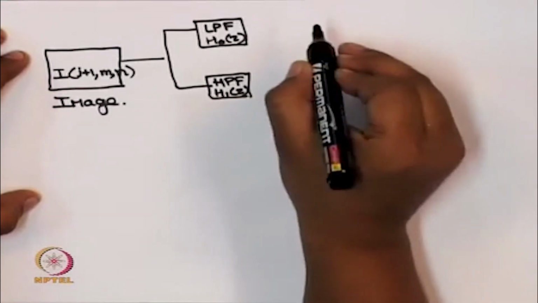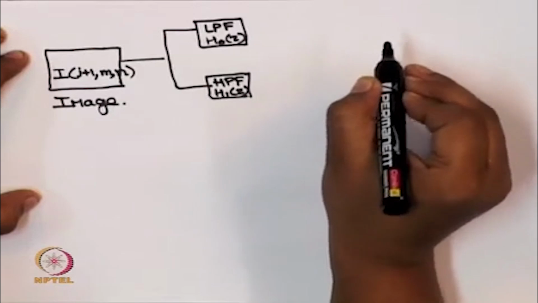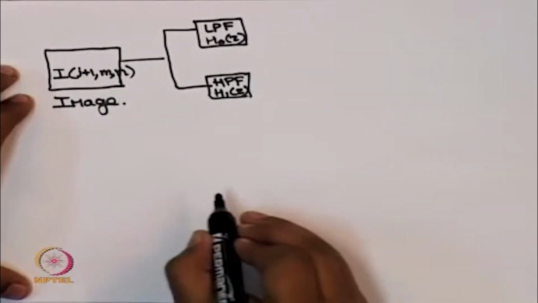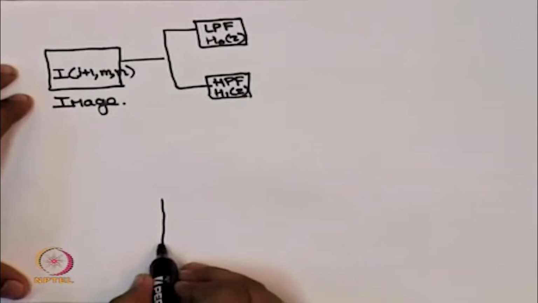Let us also assume, without loss of generality, that they are applied along the columns of the image first. The frequency response of the filters can be shown as follows.